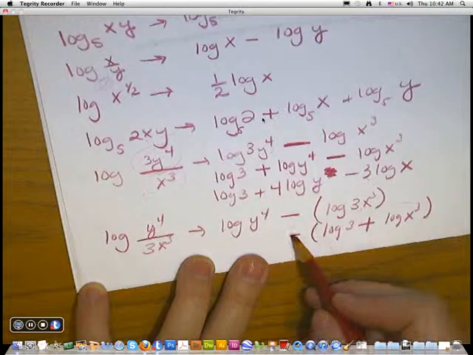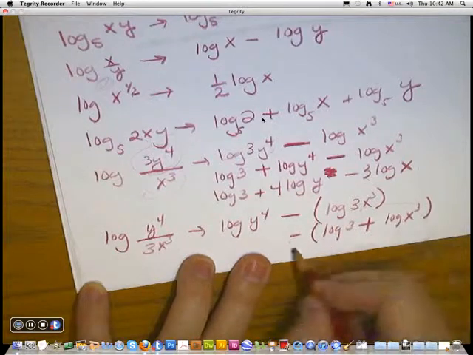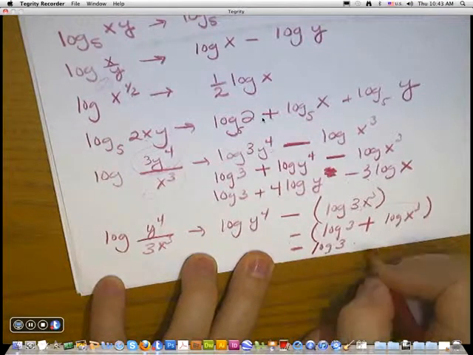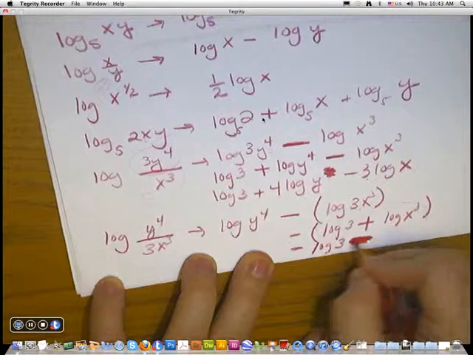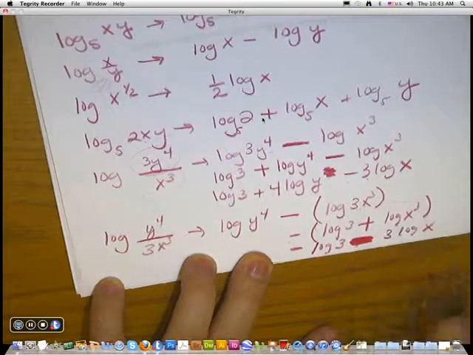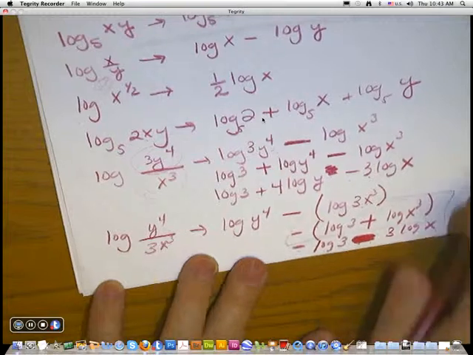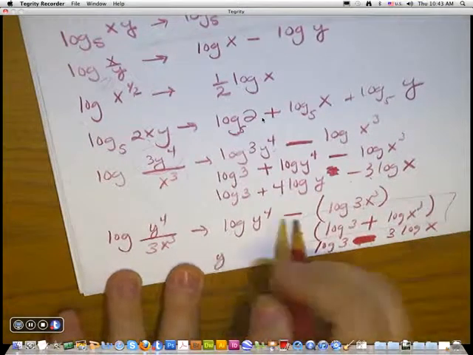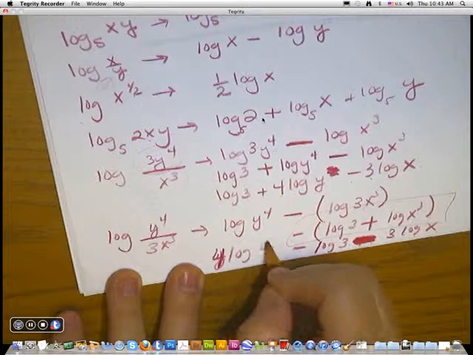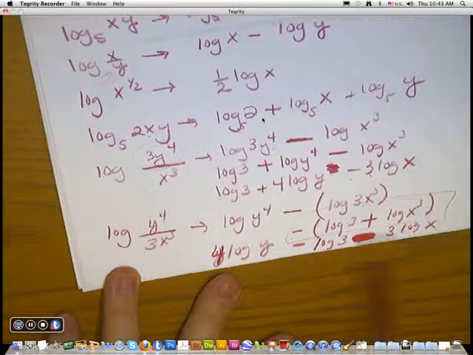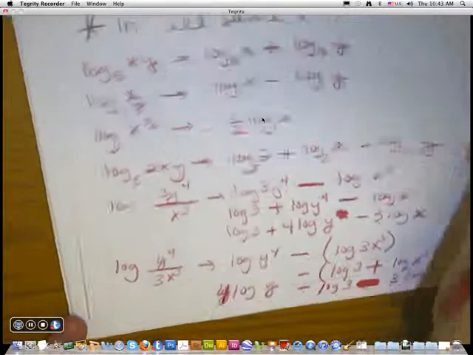Now, you could leave it as a subtract of all of it, or you can say you're dividing by two things, which means you would distribute the negative sign. And you could write it as negative log 3 subtract 3 log x. You don't have to. You can absolutely leave it in parentheses. It makes no difference for log y. But just make sure that it is complete. Don't halfways do one and the other. Make sure you've done all parts of it.